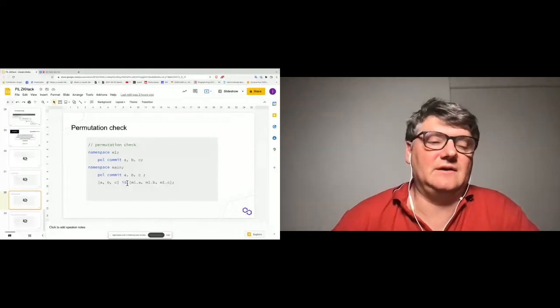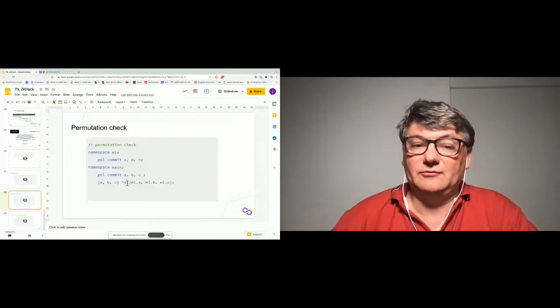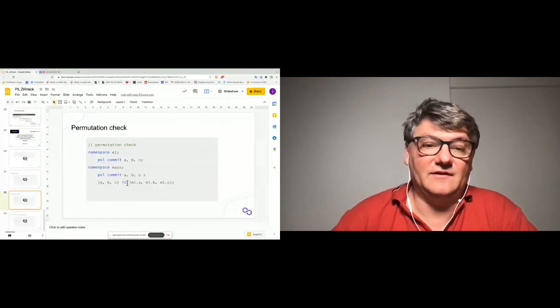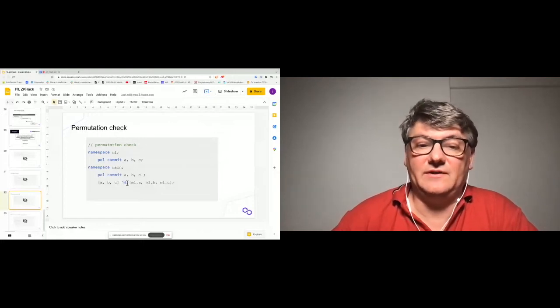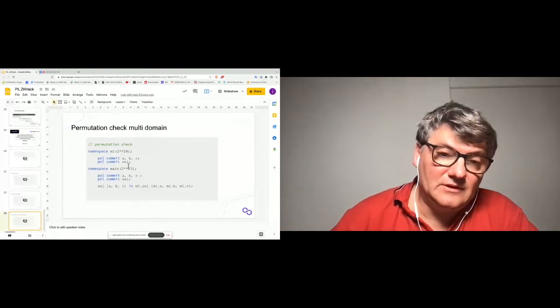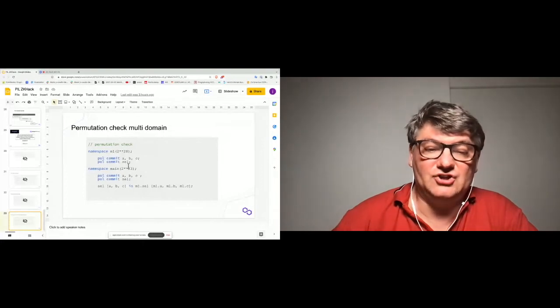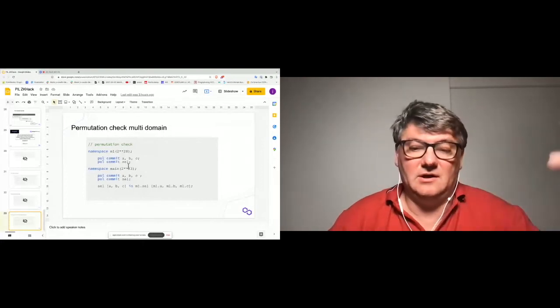And this permutation check is very interesting because, this is something that we are adding, I can do it with polynomials of different degree. I can have, for example, a state machine with degree maybe 2 to the 28, another state machine with 2 to the 23, and then just do a permutation check, but a cross-domain permutation check.